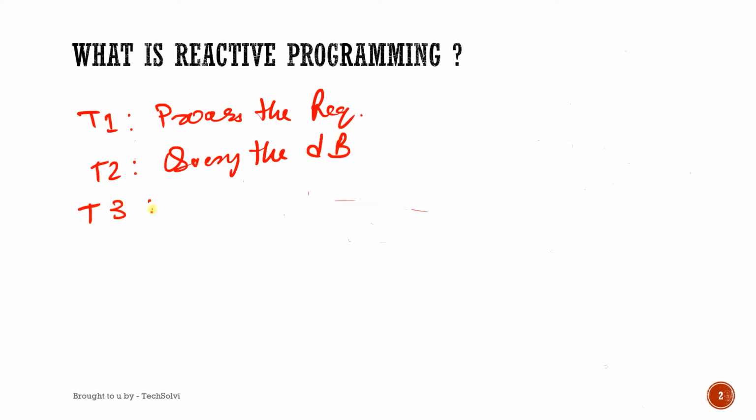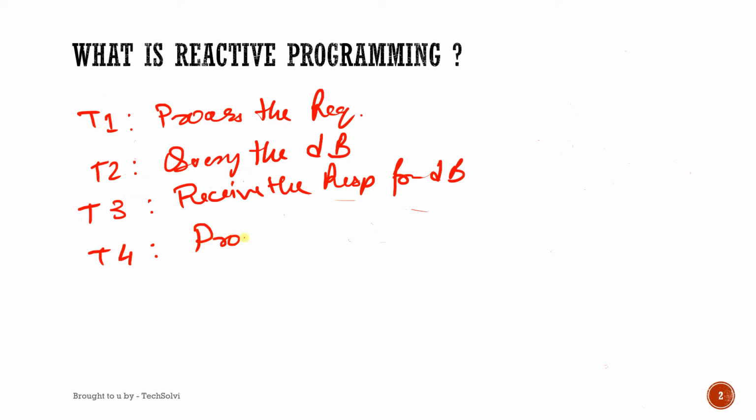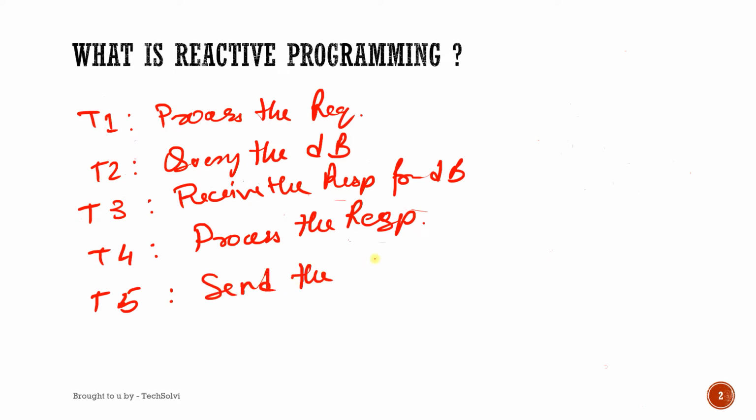Task 3 is to receive the response from the DB. Task 4 is to process the response, and task 5 is to send the final response to the client.